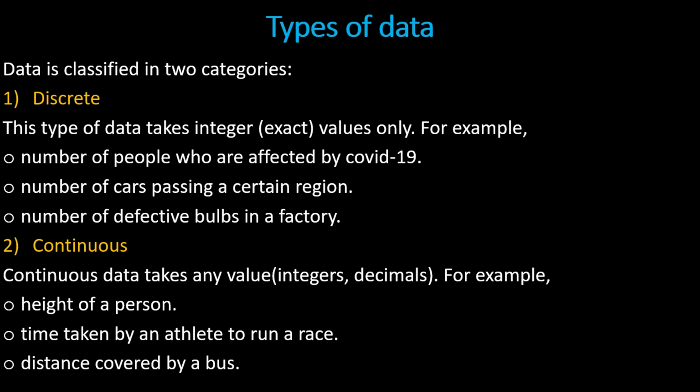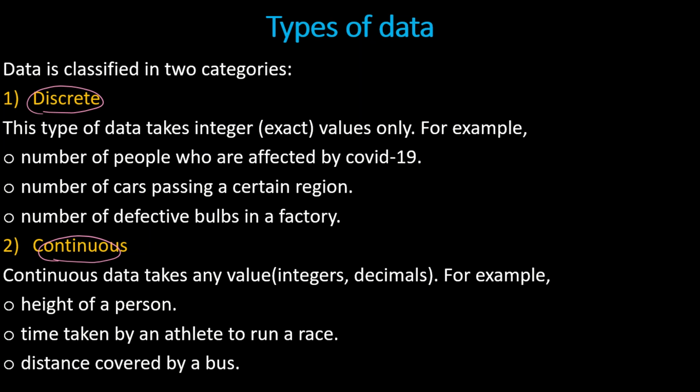What are the types of data? Data, or simply information, is classified in two categories, and the two categories are discrete and continuous data.